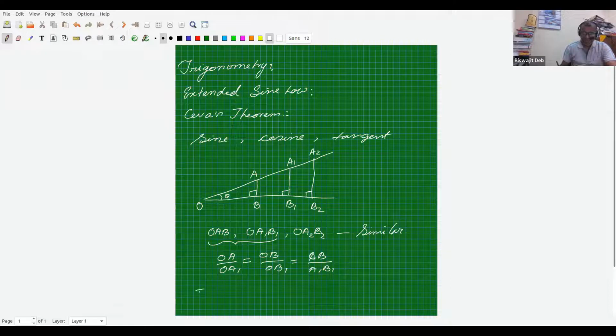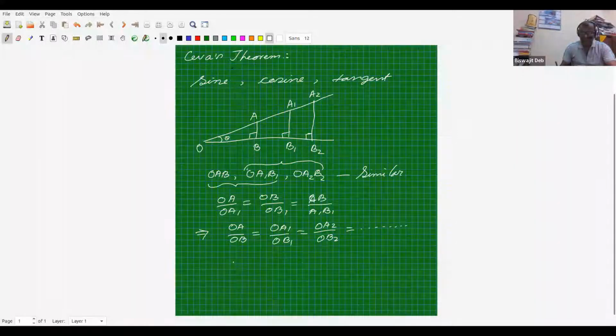And from there, I can say that OA by OB is equal to OA1 by OB1. Now, if I also use this pair of triangles, I'll be able to write that this is equal to OA2 by OB2. And if I have more triangles like this, then all these ratios are going to be equal.